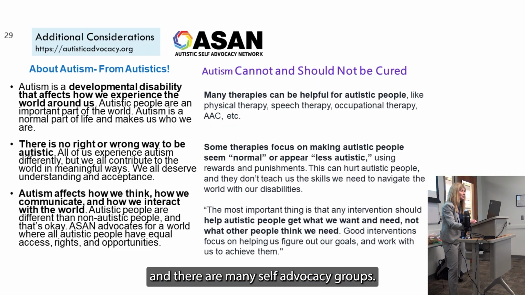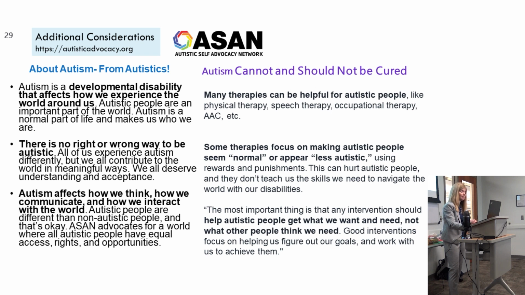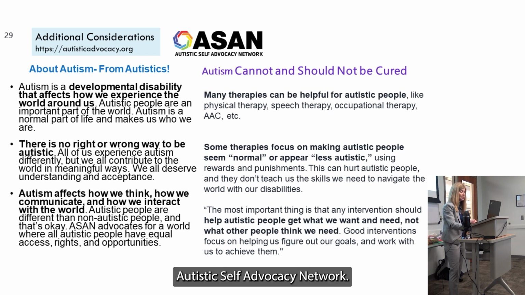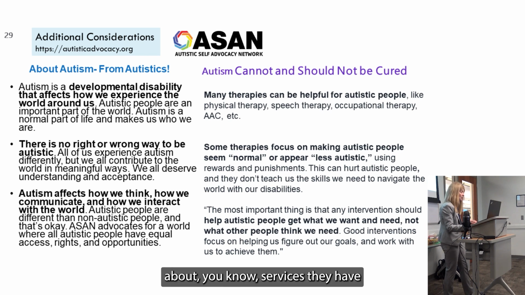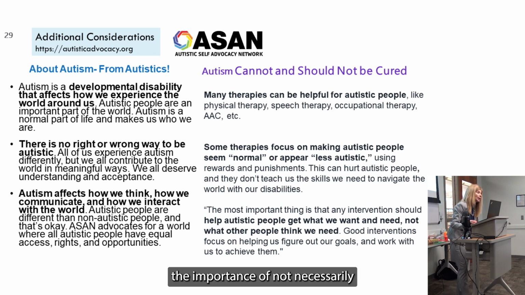And there are many self-advocacy groups. ASAN is one of them, the Autistic Self-Advocacy Network. They've really come out strongly about services they have perhaps received as a younger child, and have stressed the importance of not necessarily extinguishing behaviors per se.